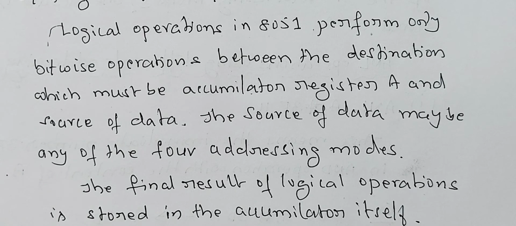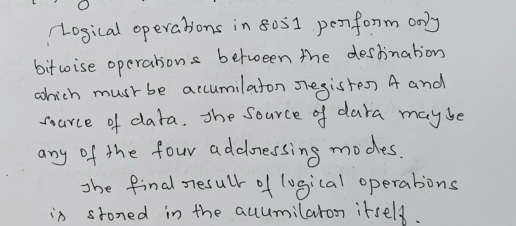among the four addressing modes. We know the four addressing modes. Immediate addressing mode, that is a number followed by hash. Register addressing mode, where we use R0 to R7, totally 8 working registers. Direct addressing mode, where we use RAM locations from 30 to 7F.